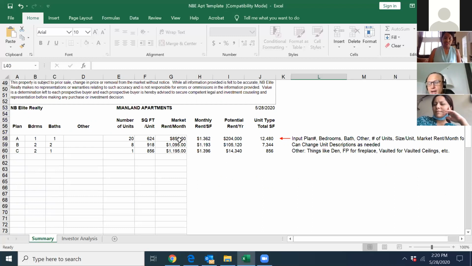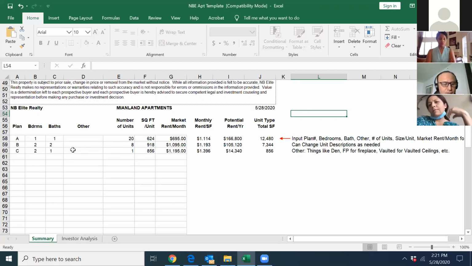Basically, for these small rooms we can get about $695 per room, furnished, all bills paid. We're going to have 20 of those.